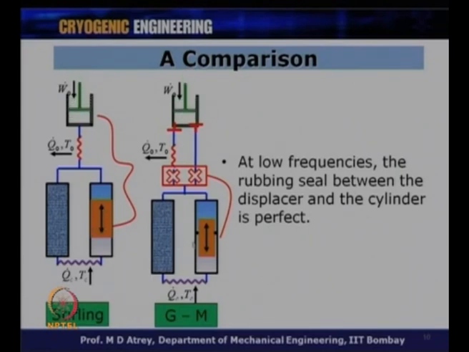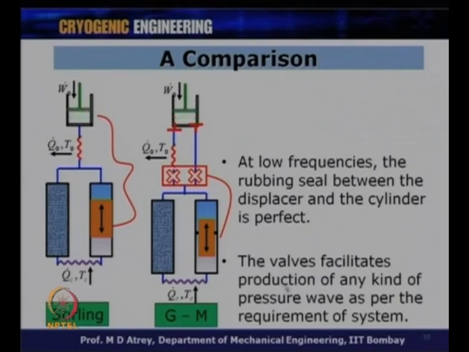And therefore, in the Stirling cycle we do not have seal problems, while in a GM cryocooler sometimes you have sealing problems. But this seal is very important, because if it does not function, then the gas at low temperature can go to the gas at higher temperature, or the gas at higher temperature can cross this seal and come to the gas at low temperature, and therefore, it will kill the cooling effect.